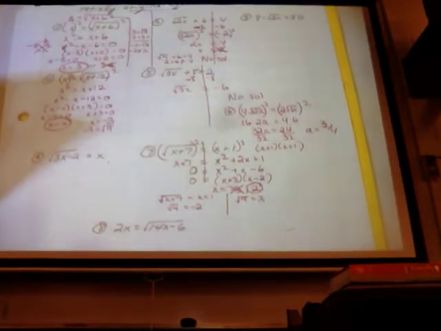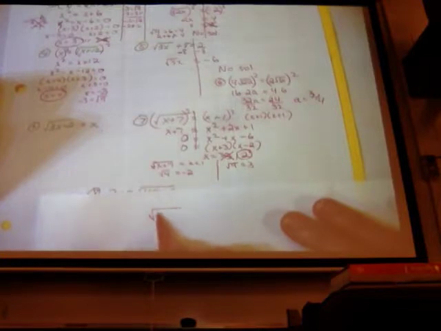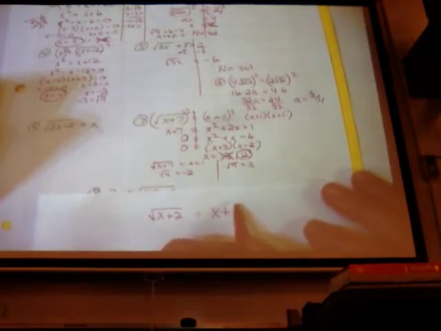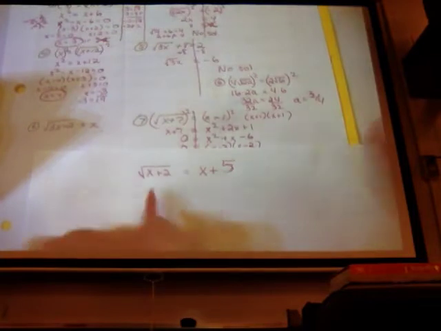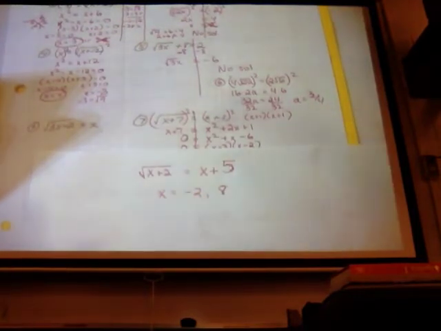Yay for us. Now what I was saying, and I don't have an example, which is bad of me, but what if you would just assume you have something like x plus 5, and what if you solve it and your answers are negative 2 and 8? They aren't, just suppose.